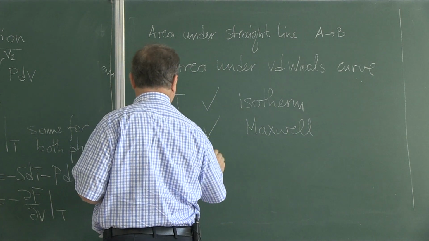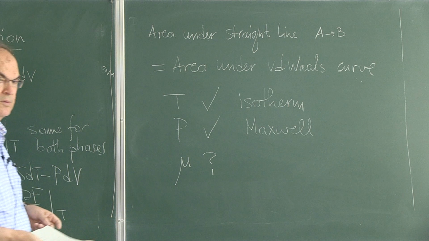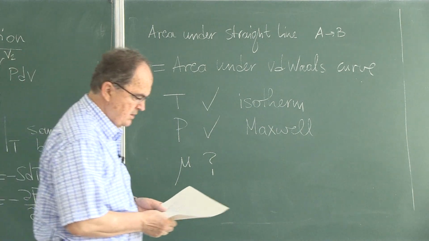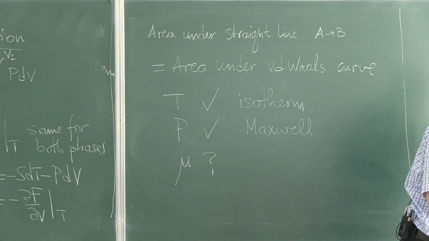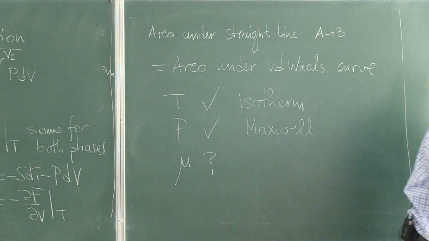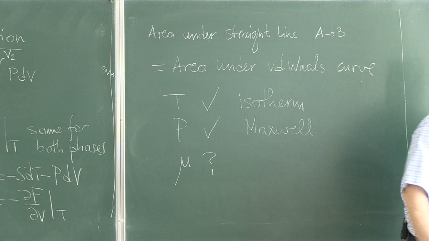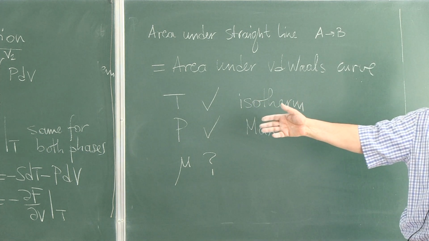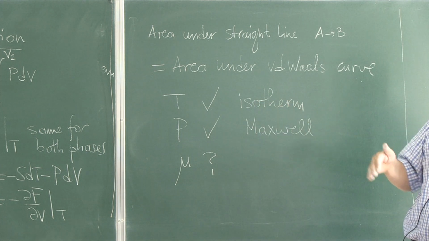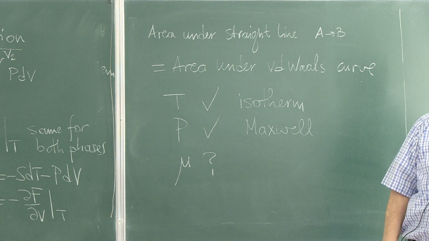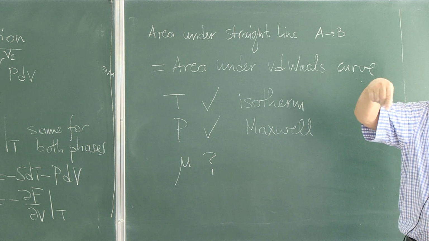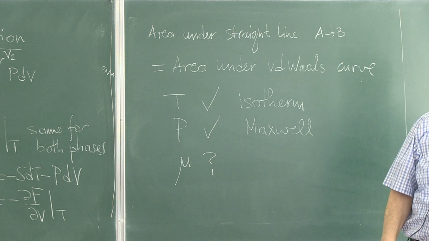Now we have to discover what happens to the chemical potential. Did we understand the Maxwell construction? There are two areas, one the straight line under which we have an area, one the van der Waals curve.